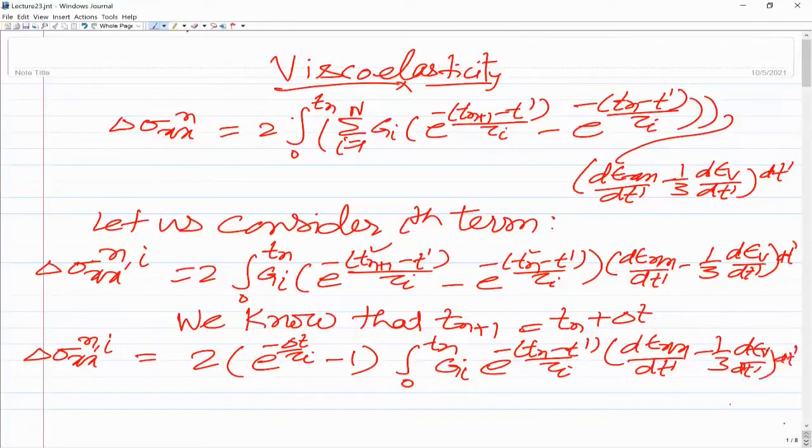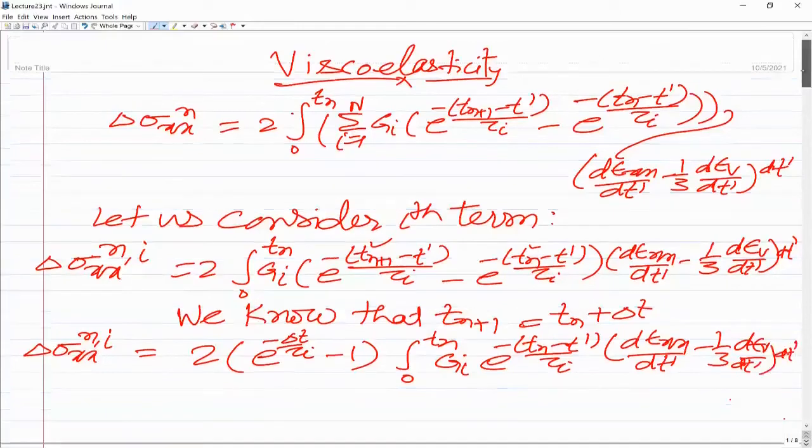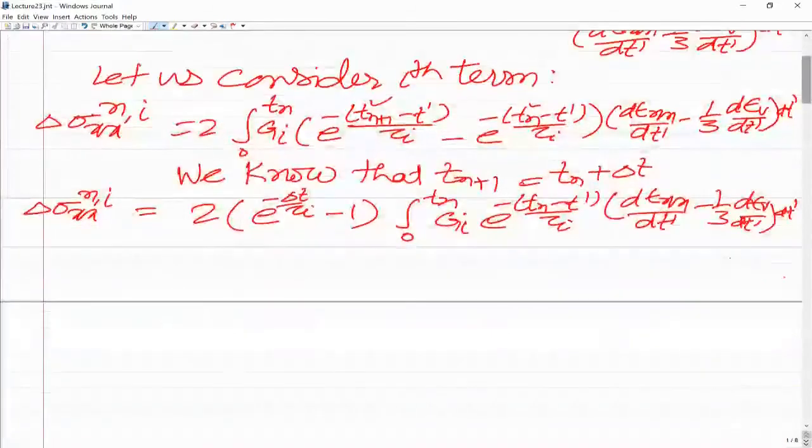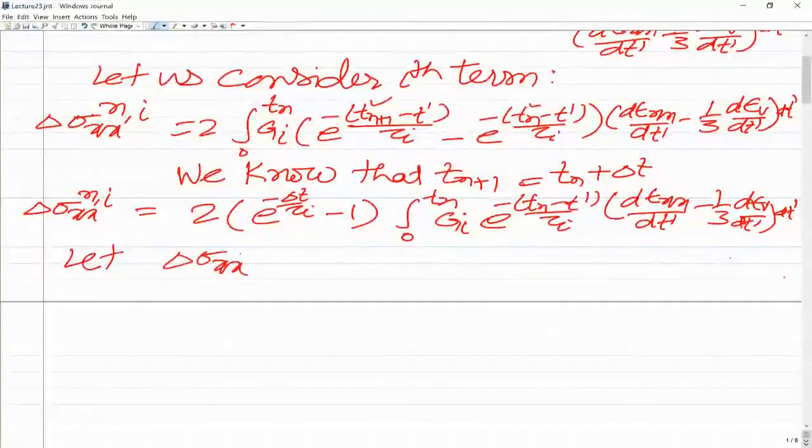So now what we want to do is, we have this term as a common one. So let us say that delta sigma xx n comma I, let us write it as this term what we have, and we are going to define the rest of the things as another term.